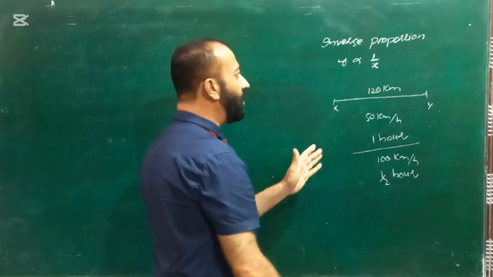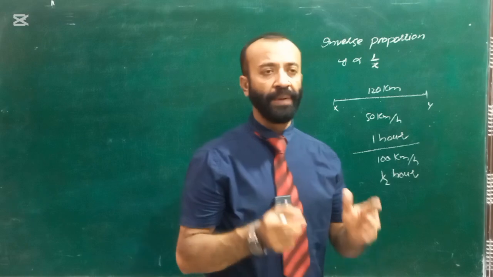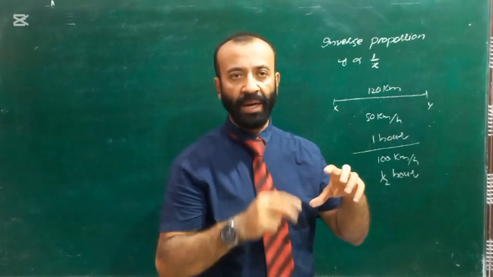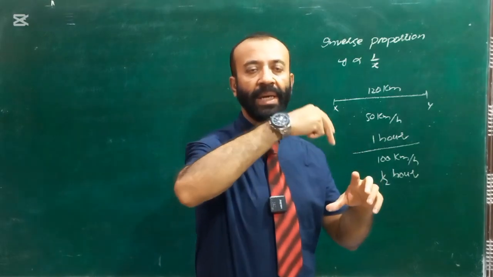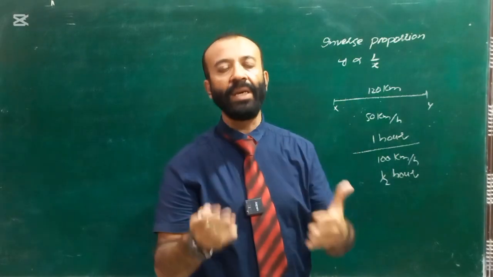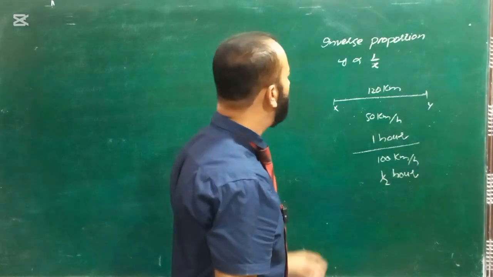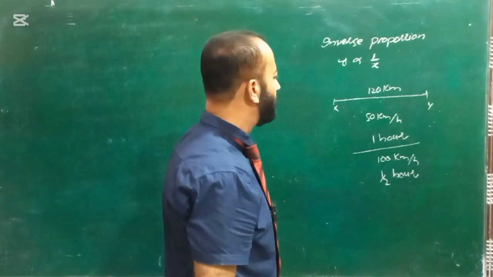So this is a kind of proportion which is called inverse proportion, in which if one quantity is doubled, the second will be halved. If one quantity becomes 3 times, the other quantity will be 1/3 of the original, and so on. This is a type which is called inverse proportion.